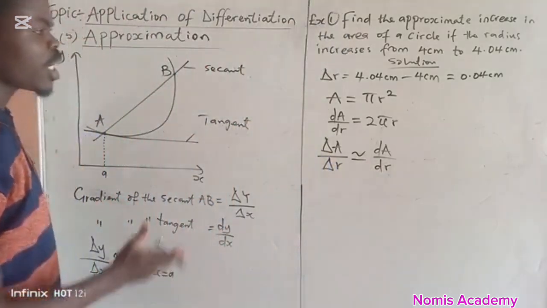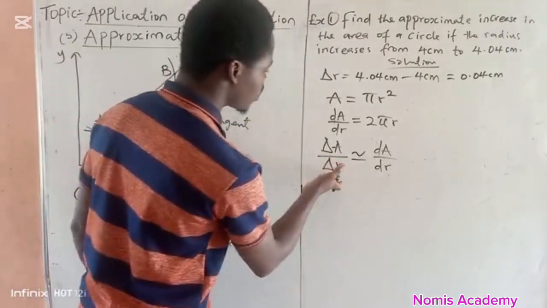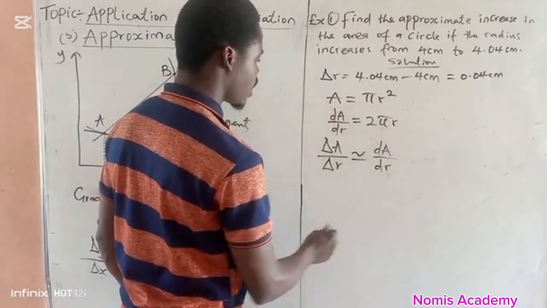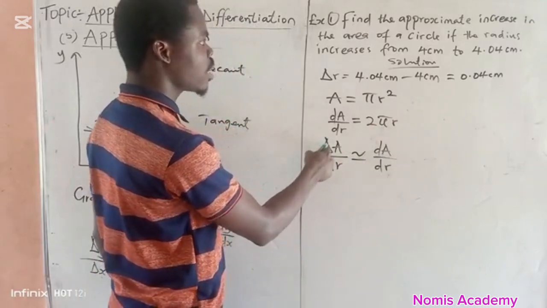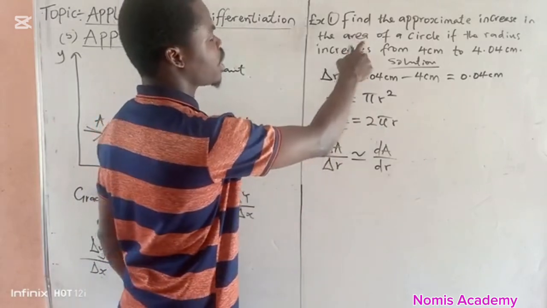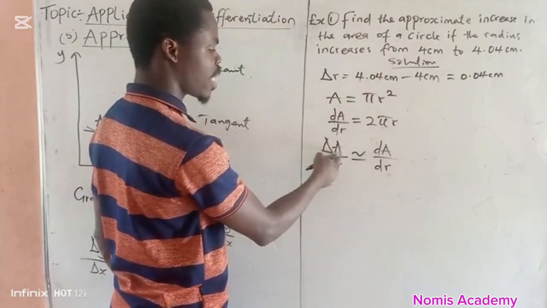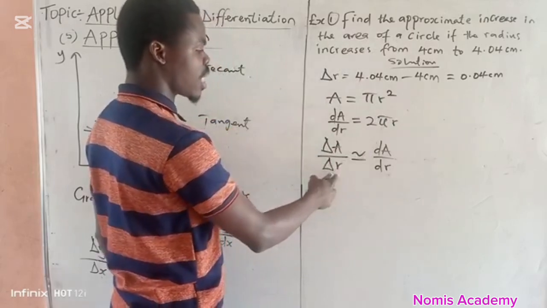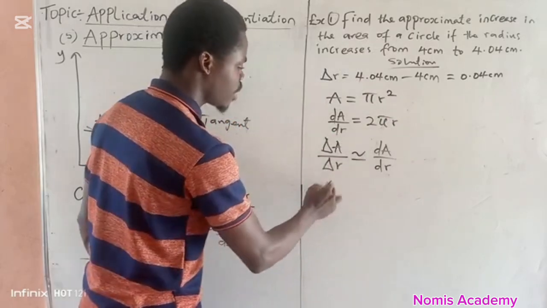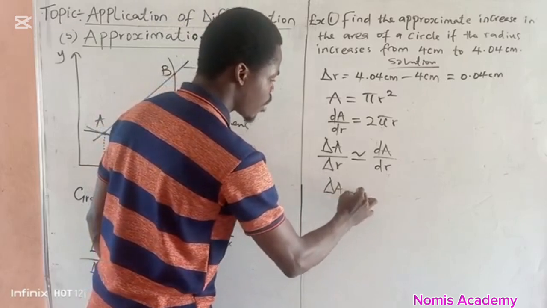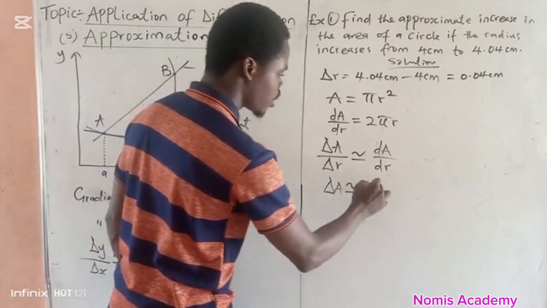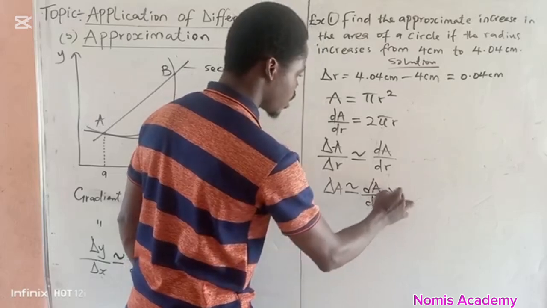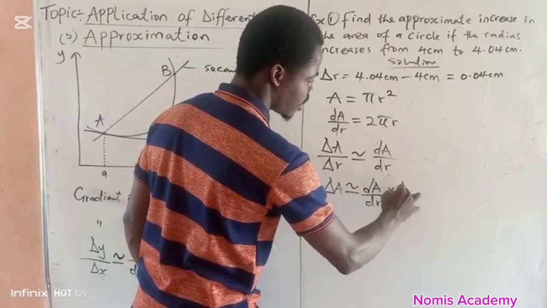Now since we know this, we can take our delta r to the other side, since we are asked to find the approximate increase in the area of a circle, which is delta A. So we can cross multiply and take delta r to the other side. So delta A is approximately equal to dA over dr multiplied by delta r.